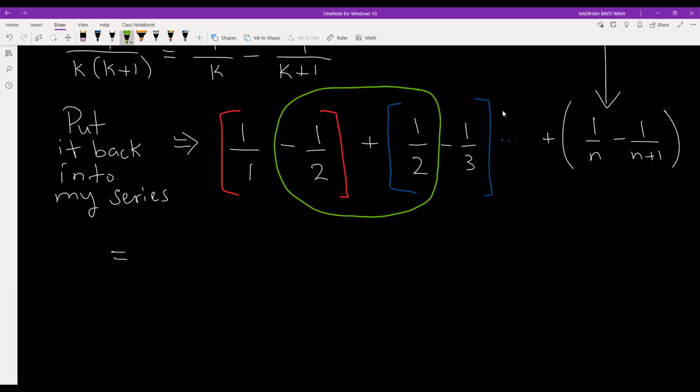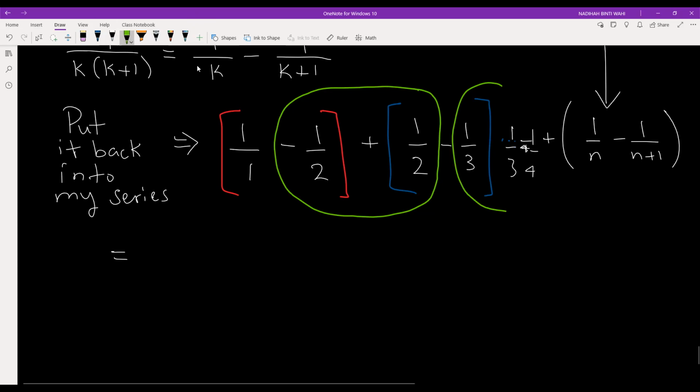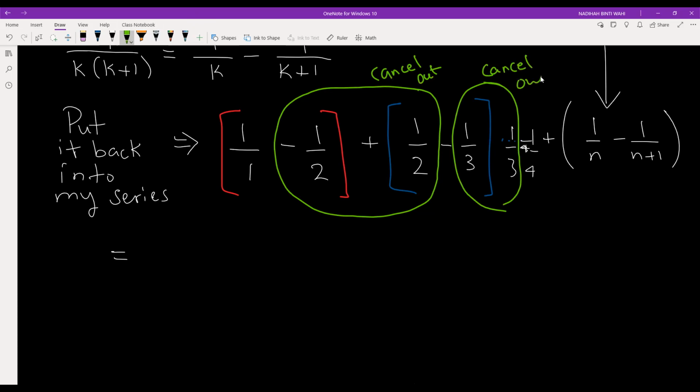Obviously you can see that here it will be plus 1 over 3 minus 1 over 4. So it cancels out. The second and third terms will cancel, the third and fourth will cancel out.